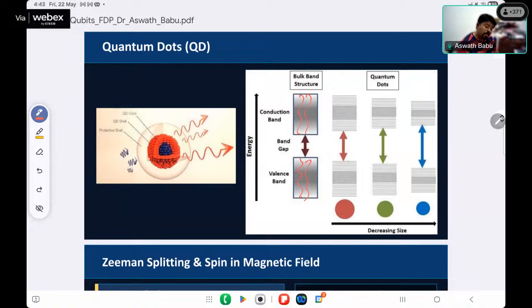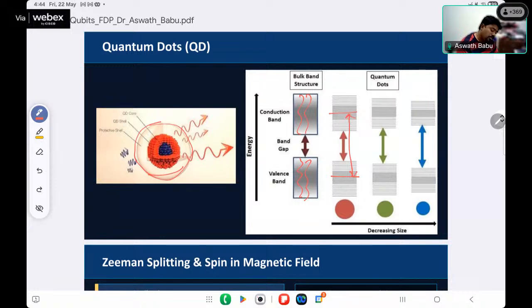They have a valence band and a conduction band together, and the band gap is going to constitute certain size and dimensions. Within how much region these electrons are confined is going to decide their overall ground state and their overall excited state. So only light corresponding to that frequency is absorbed.